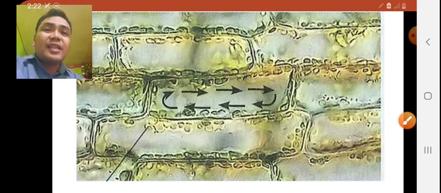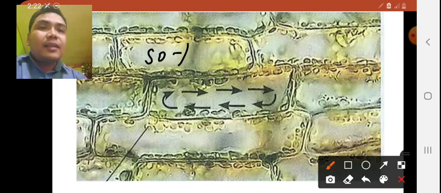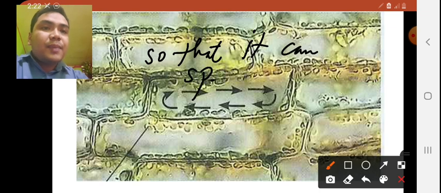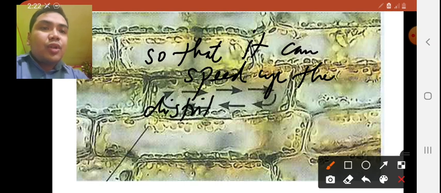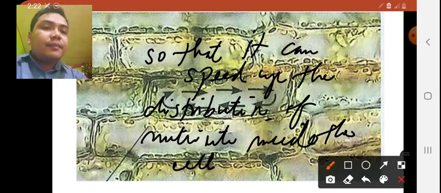Why is it that there is a need to have a circular flow within the cytoplasm? So cytoplasm has a circular flow so that it can speed up the distribution of nutrients to the other parts of the cell, so that it can speed up the distribution of nutrients inside the cell.